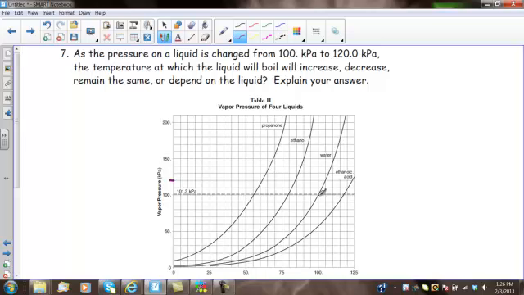We know that water boils at 100 degrees when it's standard pressure. When I increase that to 120, water now boils at 105 degrees. So as you increase the pressure, you are increasing the boiling point. And this is true for all pure substances.